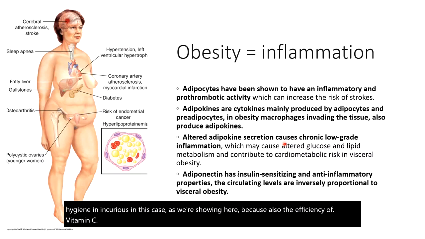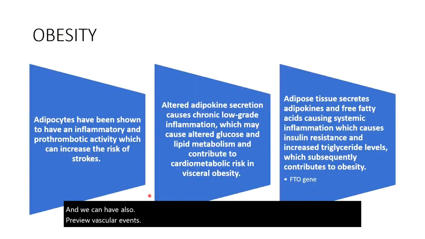And the main problem with obesity is not only the predisposition to cardiovascular disease, it's also that it will start with insulin resistance, will cause chronic low-grade inflammation, which may alter glucose and also lipid metabolism that will contribute to cardiometabolic risk in visceral obesity.